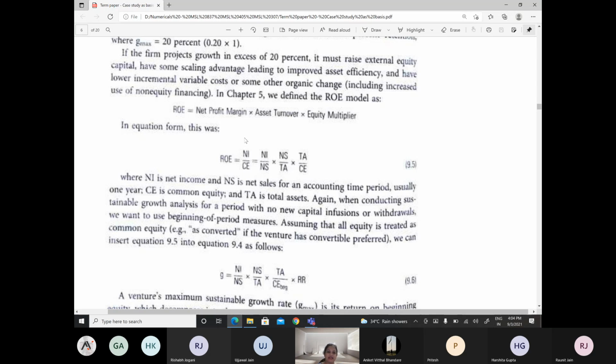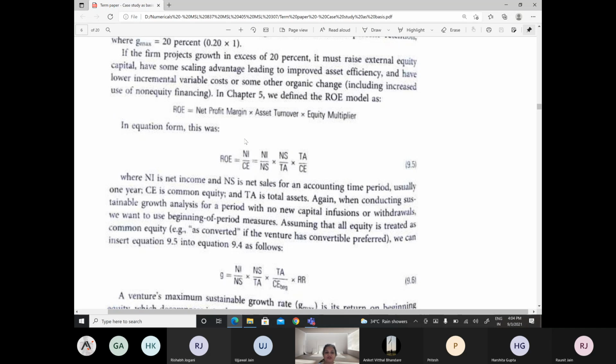So here NI is net income, NS is net sales for an accounting time period, usually 1 year. CE is common equity, and TA is total assets. Again, when conducting sustainable growth analysis for a period with no new capital infusions or withdrawals, we want to use beginning of period measures.